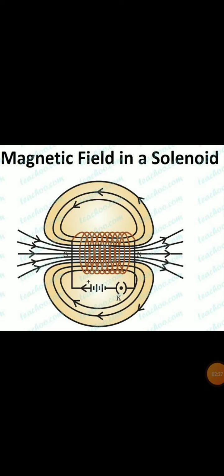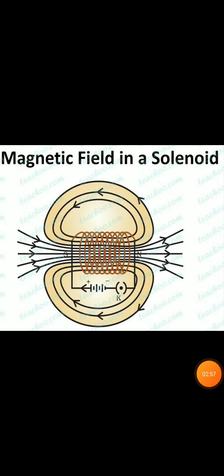Have you seen this kind of pattern of magnetic field before? Of course, yes. Recall, where have you seen? We have learned the pattern of magnetic field around a bar magnet, and it shows like this pattern. So, the pattern of magnetic field in a bar magnet is similar to the pattern of magnetic field in a solenoid.